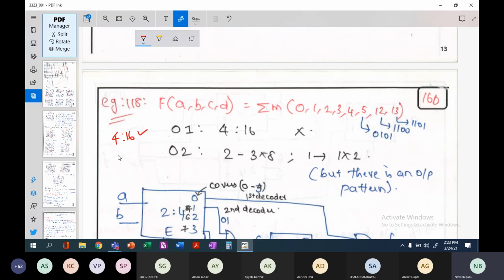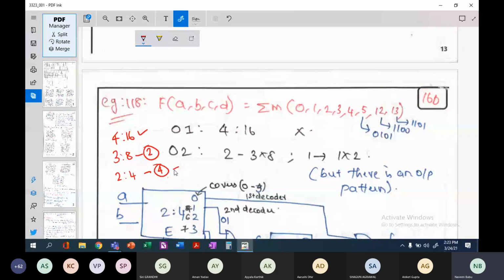Or if you are using 3:8 decoders, how many 3:8 decoders? I need 2 3:8 decoders. If I am using 2 cross 4 decoders, then I will be using 4 2 cross 4 decoders.